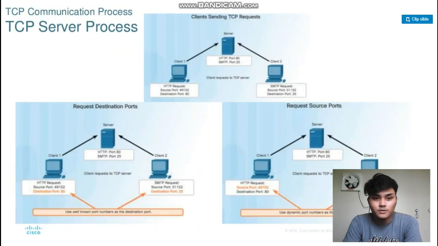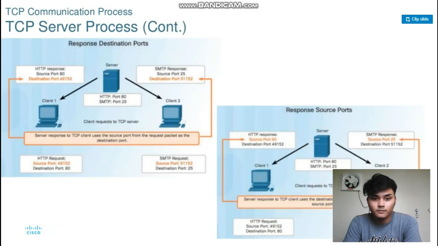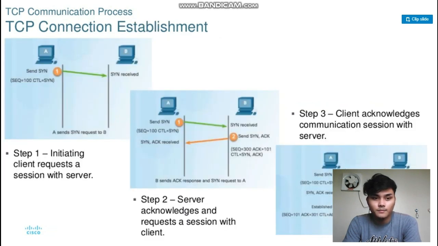A TCP server processes a client sending a TCP request, and then a TCP connection is established. Step 1, the initiating client requests a server session with the server. Step 2, the server acknowledges the request for a session with the client. Step 3, the client acknowledges the communication session with the server.